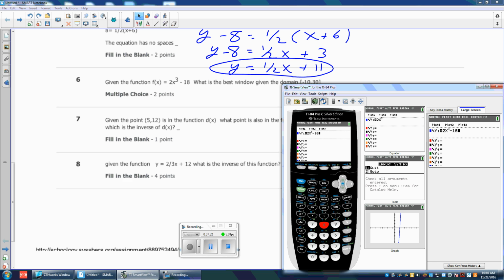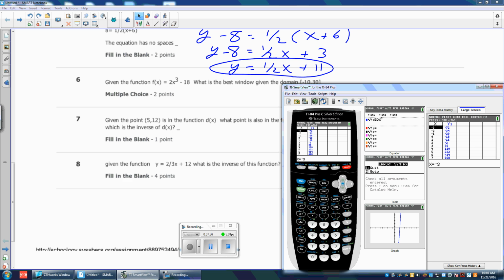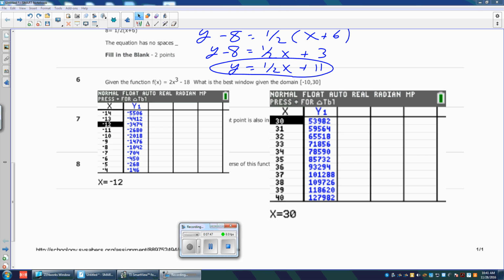So taking a look at the table, we look for negative 10 for x, and we see that for negative 10, it comes out as negative 2018, and for 30, it comes out as 53,982.